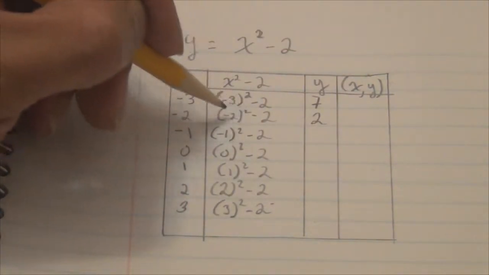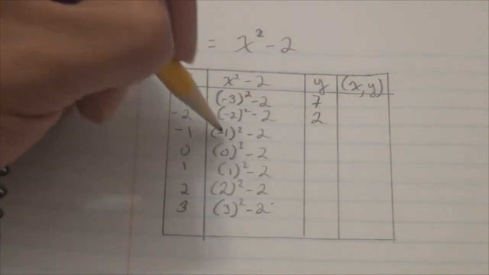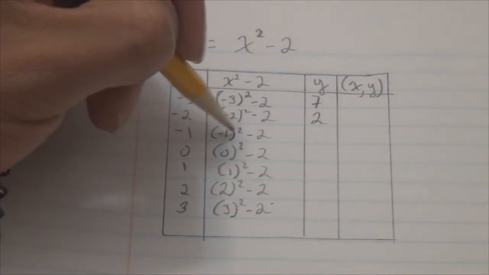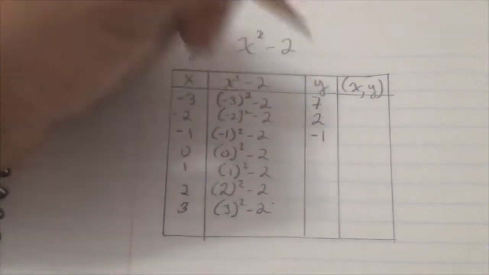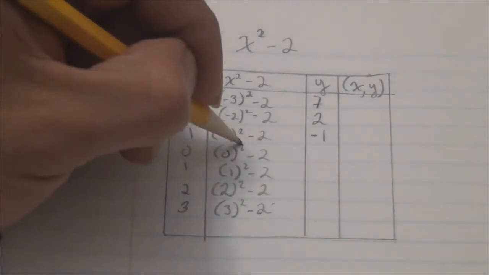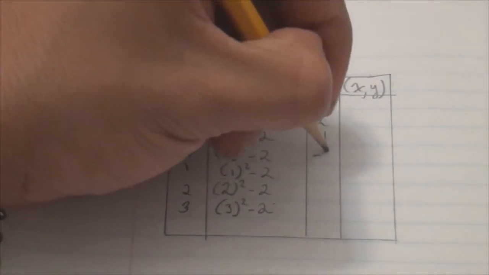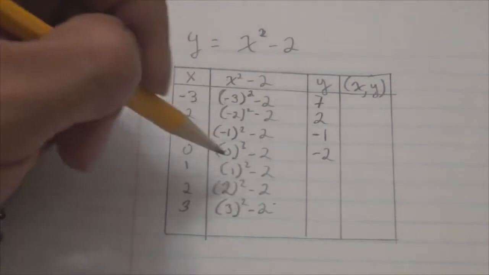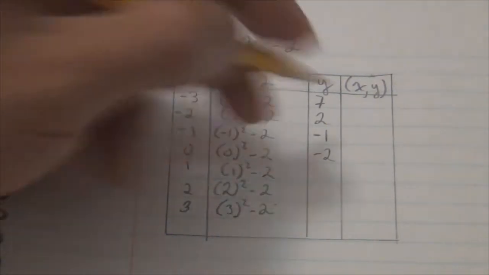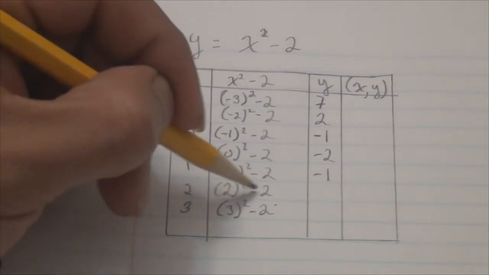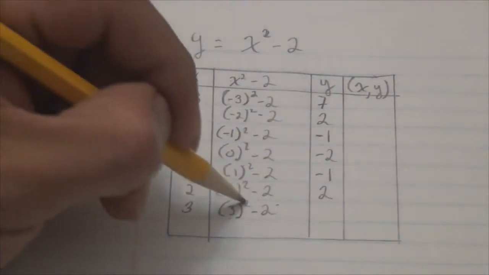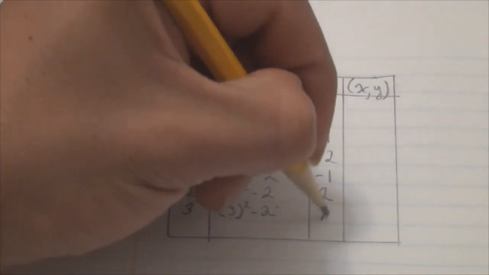Look, -2 squared is 4. 4 minus 2 is 2. -1 squared is -1 times -1, which is 1, minus 2. 1 minus 2, you're taking away a larger quantity, so that's -1. 0 squared is 0 minus 2, -2. 1 squared is 1 minus 2 is -1. 2 squared is 4 minus 2, 2. 3 squared is 9 minus 2, 7.